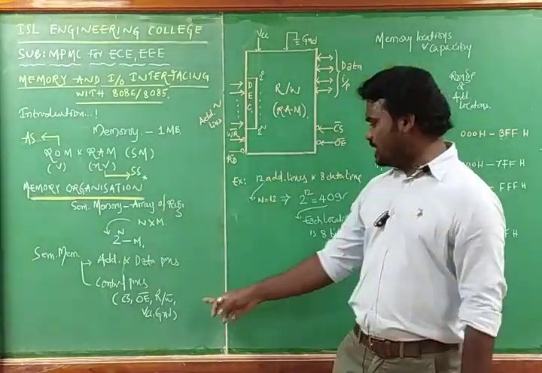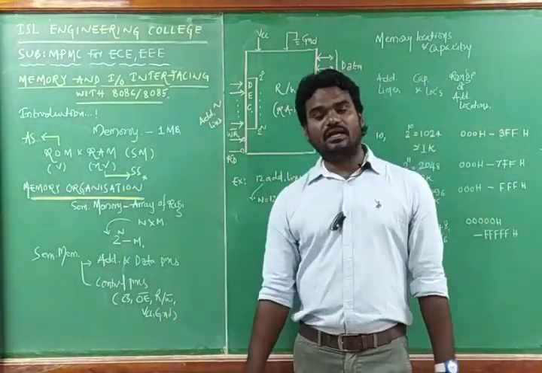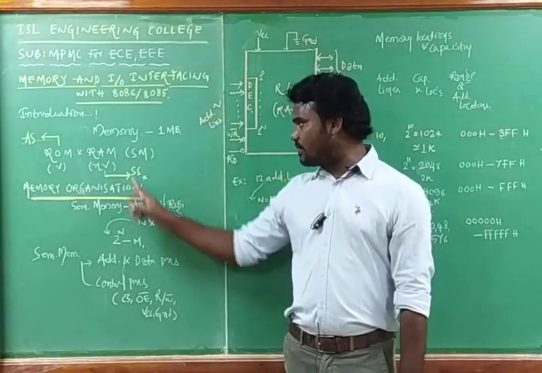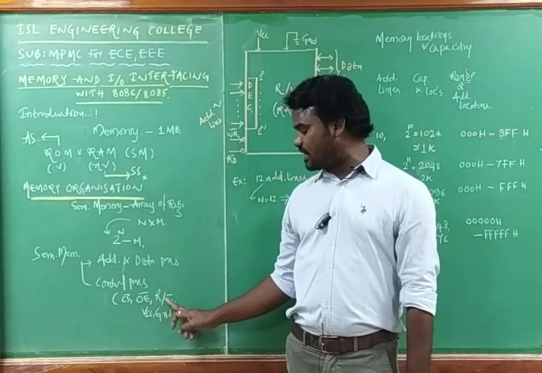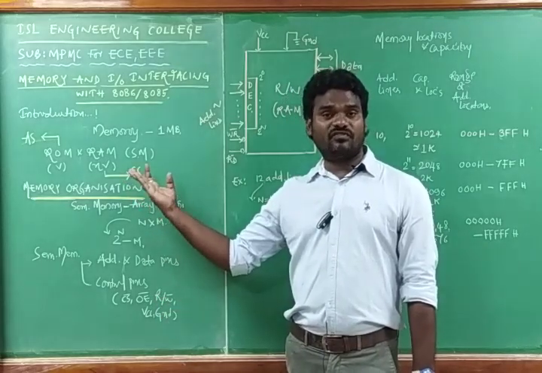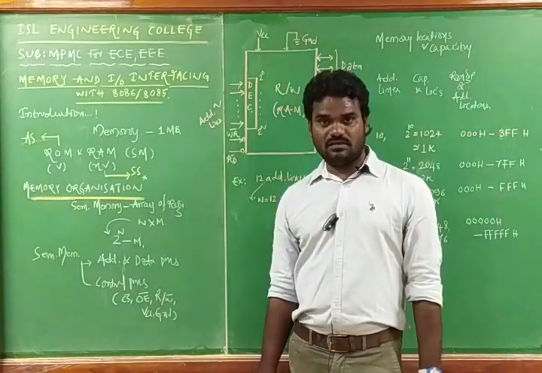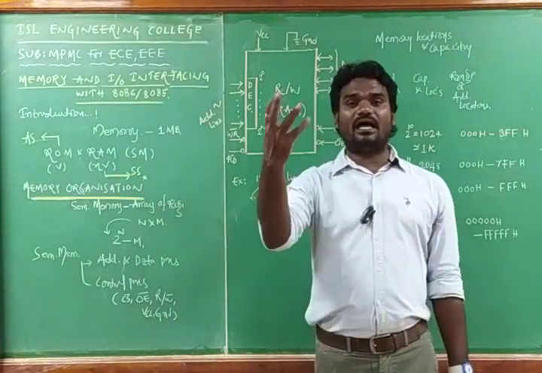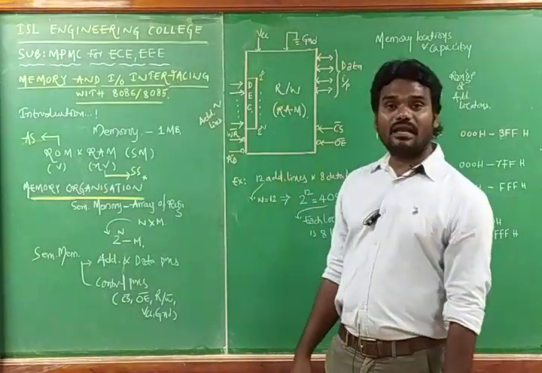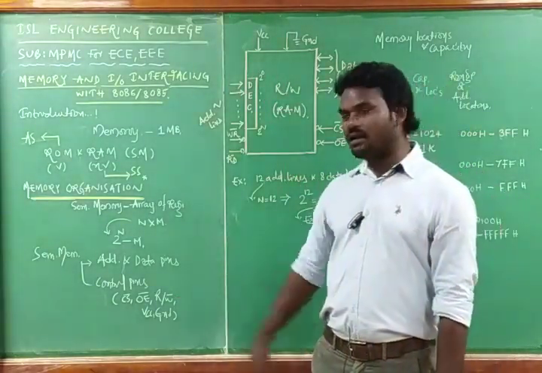And coming to the next one, read and write. In case of random access memory, we can have read as well as write, because it is capable of read and write functions. We can write the data into the RAM and we can read the data from the RAM, and this is read and write.